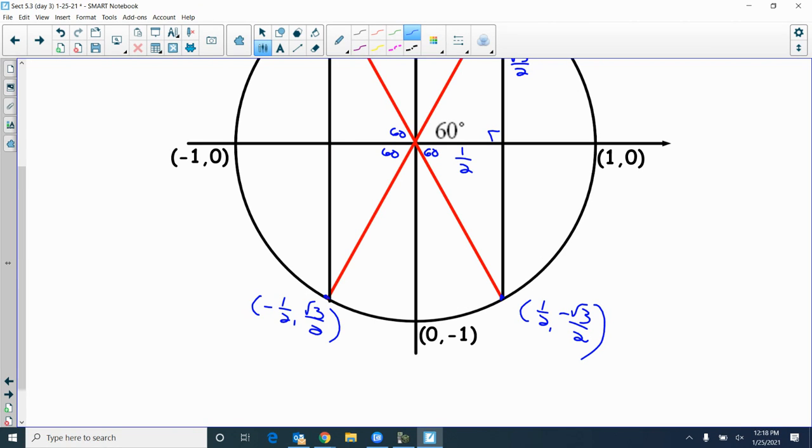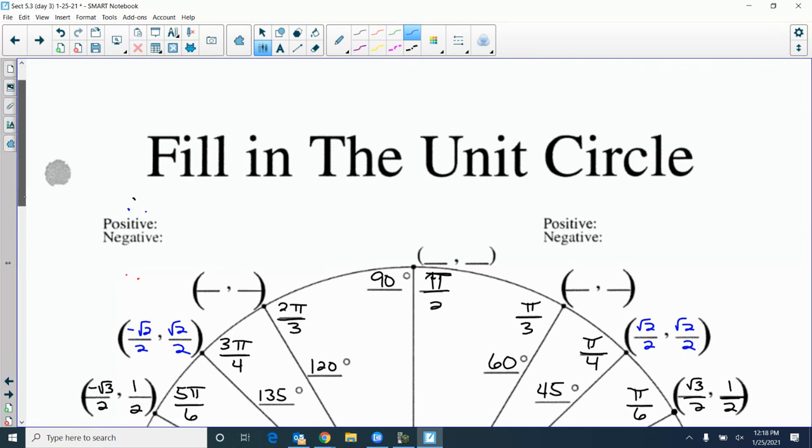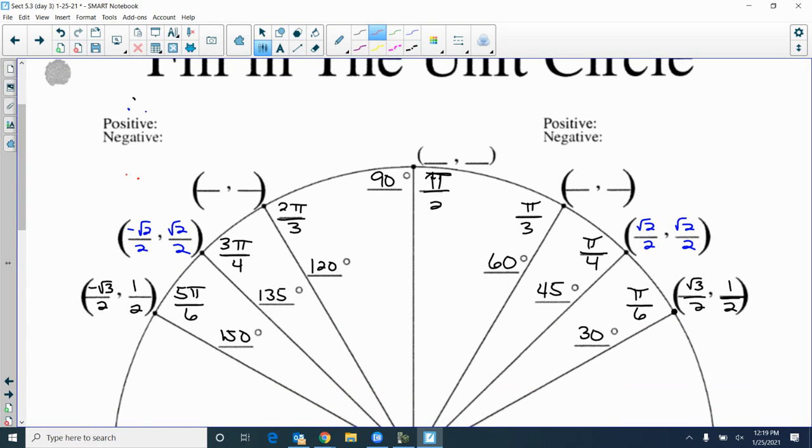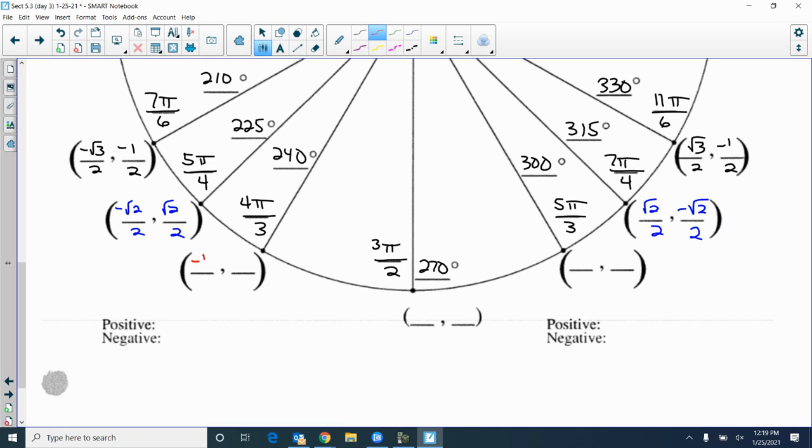So I go to the unit circle and fill in all of those: 1/2, square root of 3 over 2. Then 120 degrees is negative 1/2, square root of 3 over 2. For 240, they're both negative. And positive 1/2, negative square root of 3 over 2.